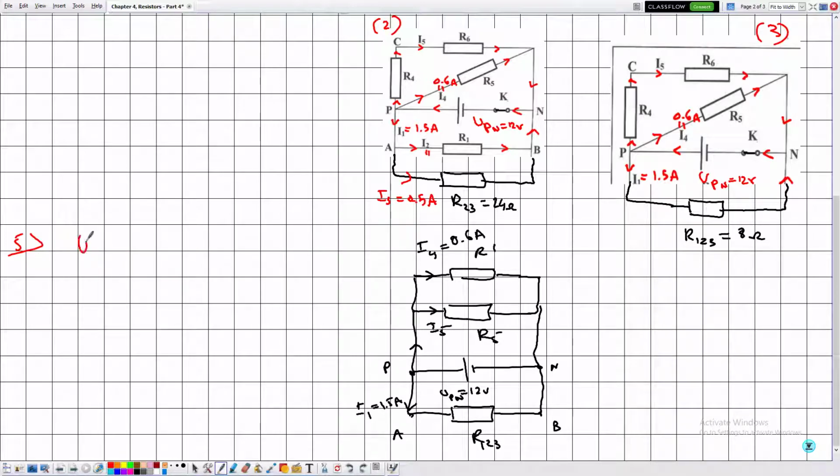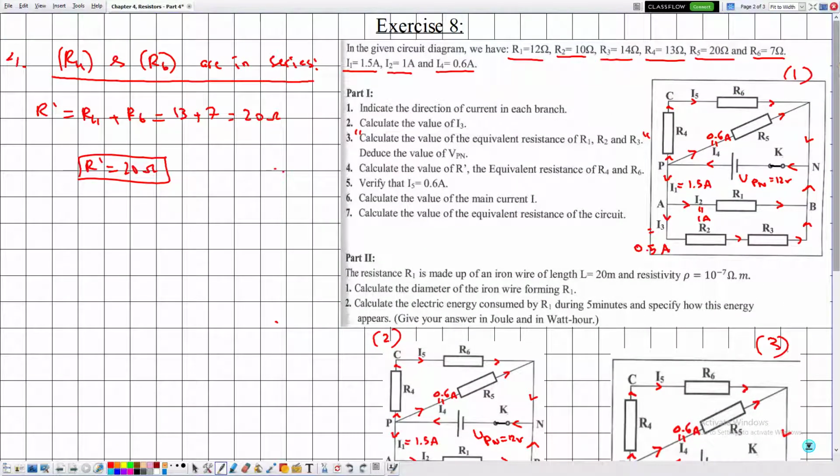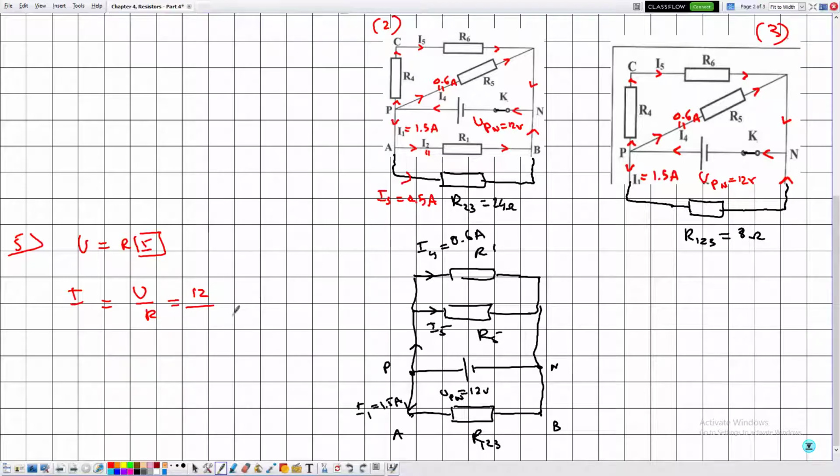Then U is equal to Ri. We are interested in determining the value of I. So I is equal to U divided by R, which is equal to the voltage of the battery because they are in parallel, 12, divided by the value of R, which is given by how much, R5? 20. Now plugging this on the calculator, this is eventually equal to 0.6 amperes.